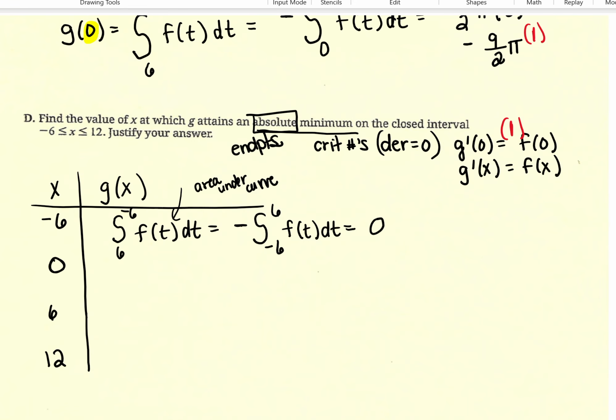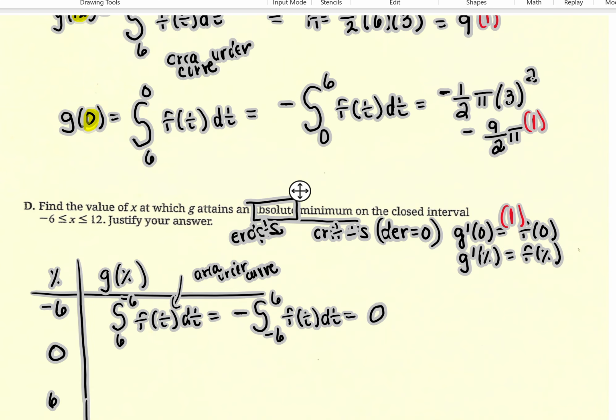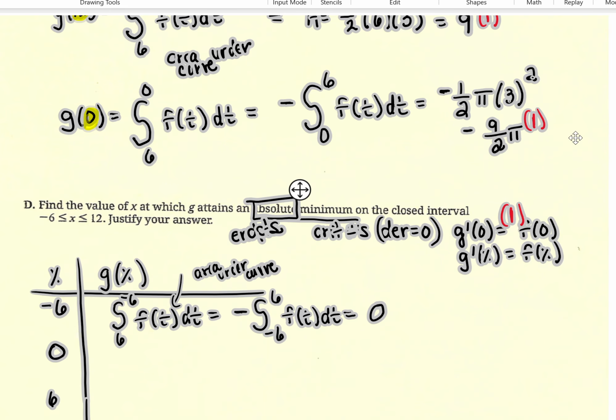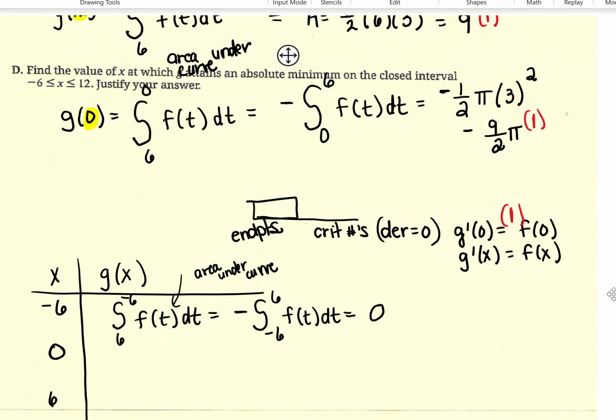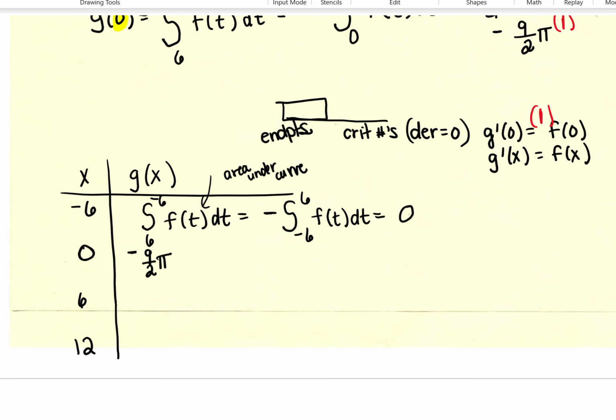All right, right here at 0, well, we just found that up here in part C. It was equal to -9/2 pi. If we look at 6, well, that would be the integral from 6 to 6 of f of t dt.